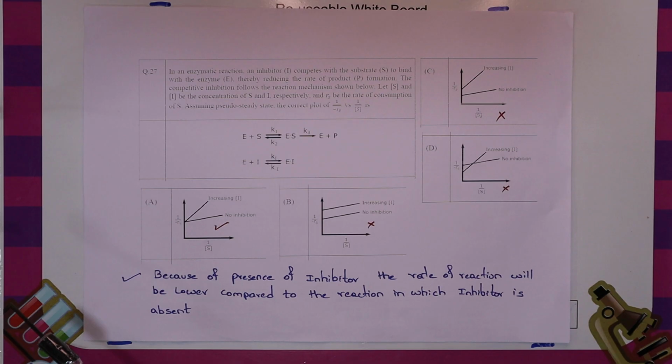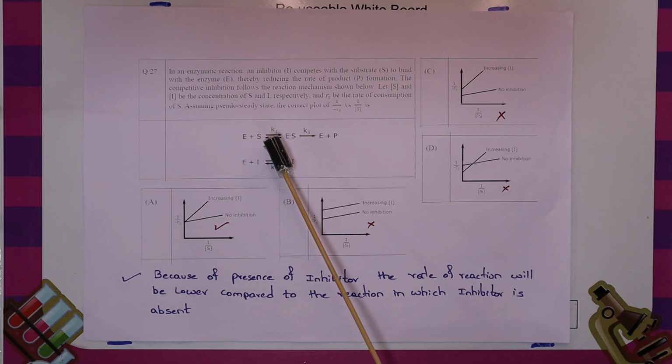E is the enzyme. The enzyme acts on the substrate to form an enzyme-substrate complex. After the enzyme is attached to the substrate, the feed is converted to the product and the enzyme is released back. So this is how the reaction happens.